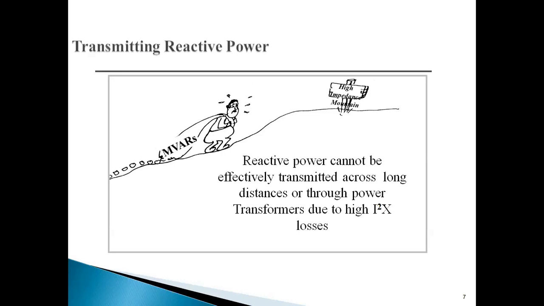Due to leakage, less amount of water will be poured at the destination. Similarly, for reactive power, due to I square X losses, if the distance is large, there will be high I square X losses, and less reactive power will be transmitted and reach the final destination. That's why we always prefer to locate the reactive power source, especially capacitor banks, shunt capacitors or SVC, at the load side.